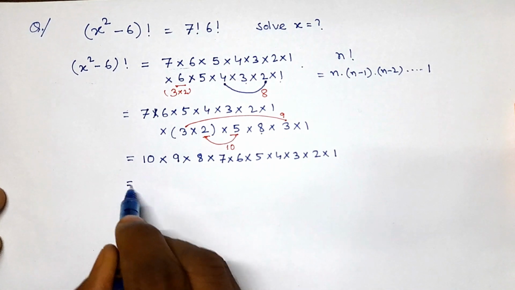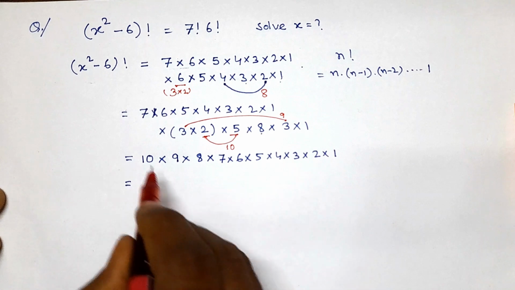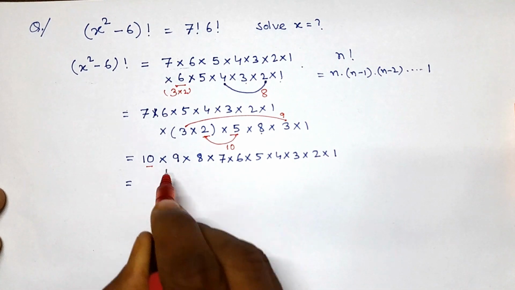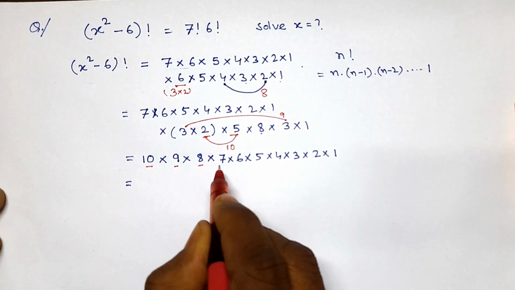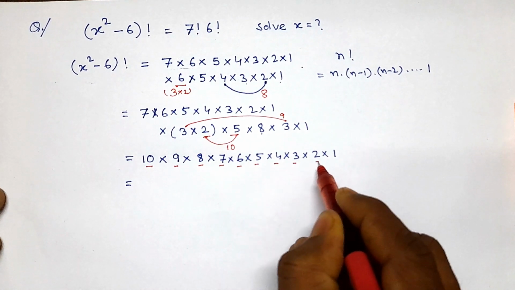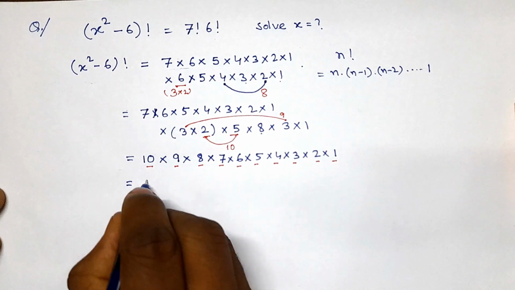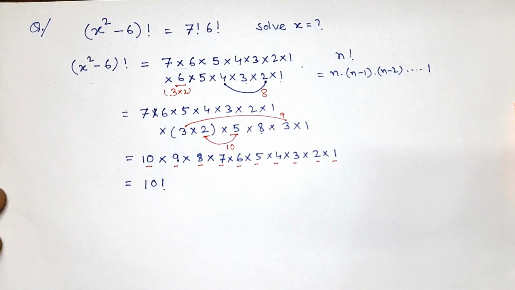Here you notice one thing: we have all the terms of factorial 10. This is 10 × 9 × 8 × 7 × 6 × 5 × 4 × 3 × 2 × 1, so we can write this as factorial 10.